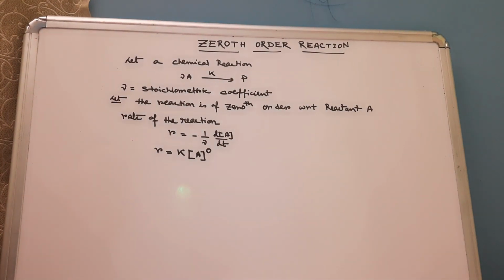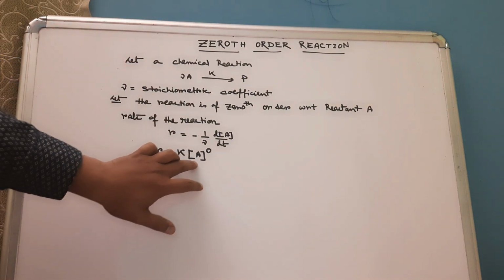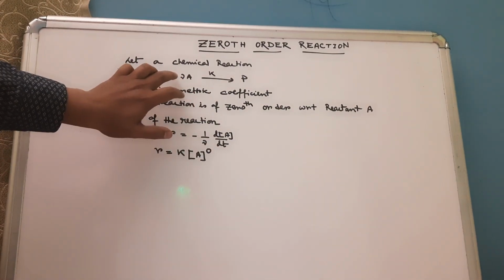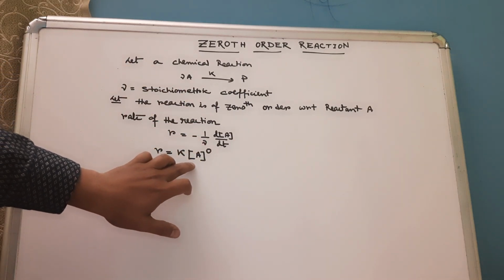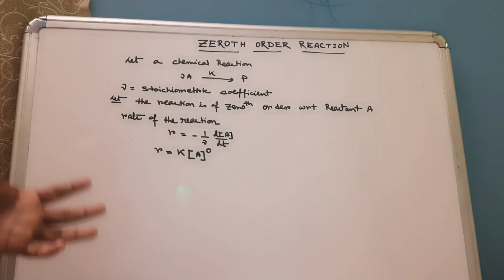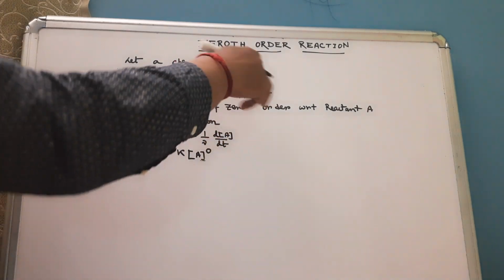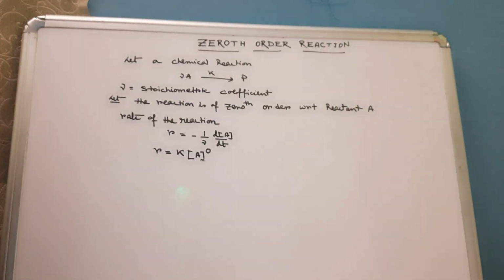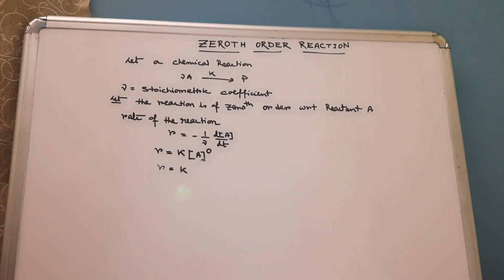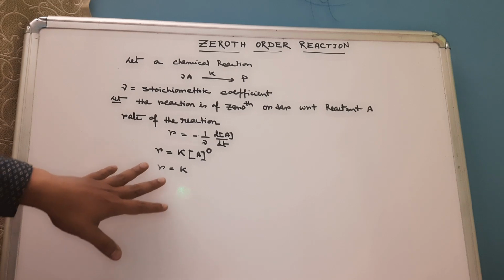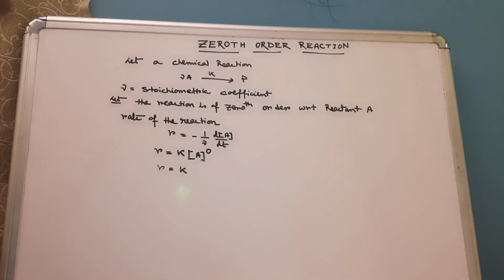Look, my dear students, here nu is the stoichiometric coefficient, but the power of the concentration of A is 0. These are not the same. Why does the power of A become 0? Because we assume that the reaction rate is zeroth order with respect to the reactant A. So R becomes K. That means the rate of the reaction does not depend on the concentration of the reactant if the reaction is of zeroth order.